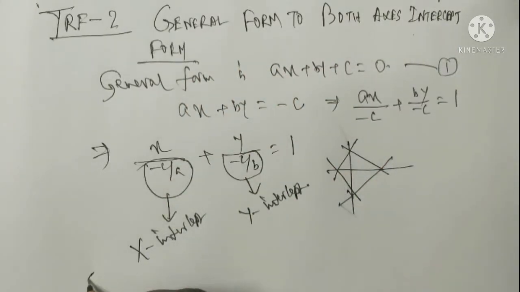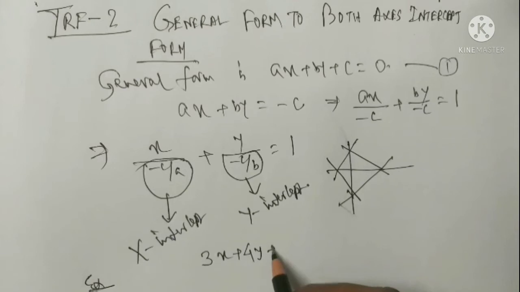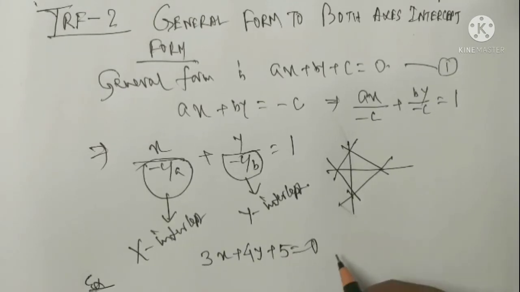One example. Suppose if we take the previous example, 3x plus 4y plus 5 equals to 0, it was straight line general form.